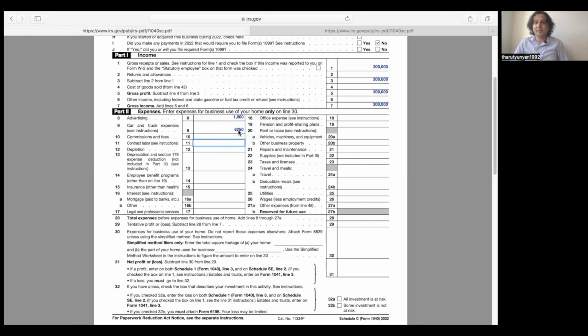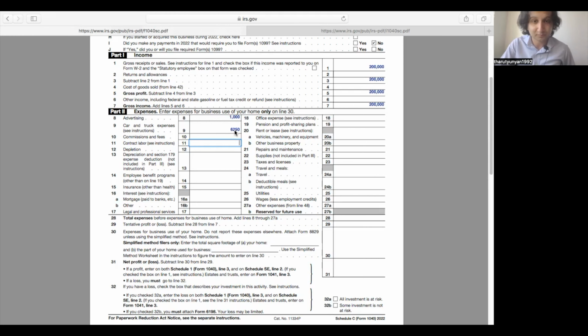Most small business owners don't use this because they just don't drive that much, right? You can always go back to our previous video to see how the calculations are done. But for small businesses, it's a very straightforward method. You will use 62.5 cents per mile driven, and it's very simple.